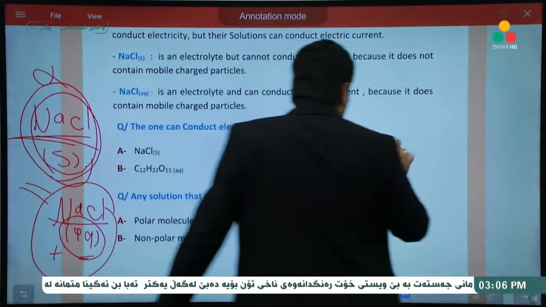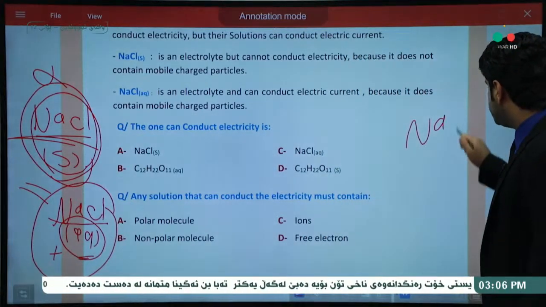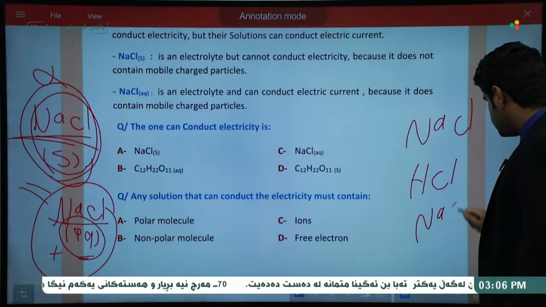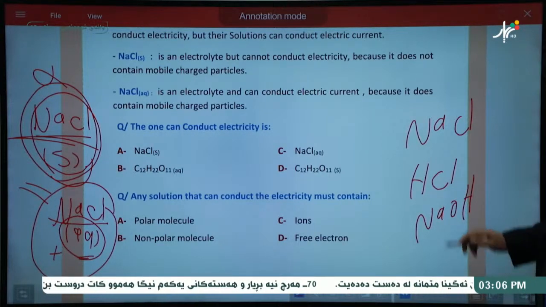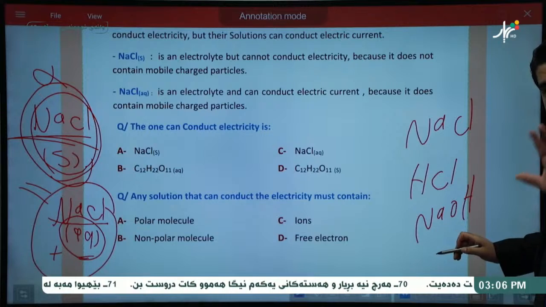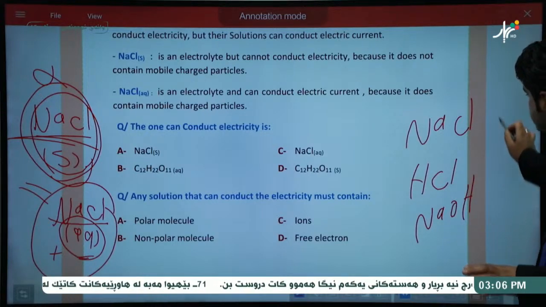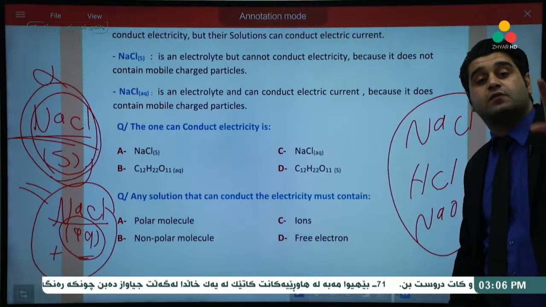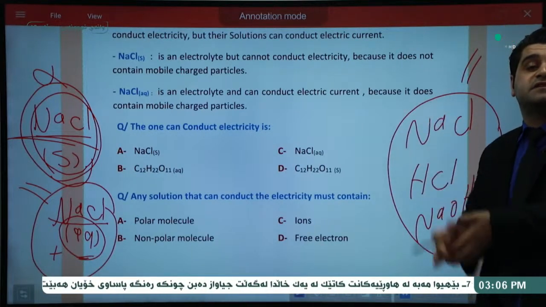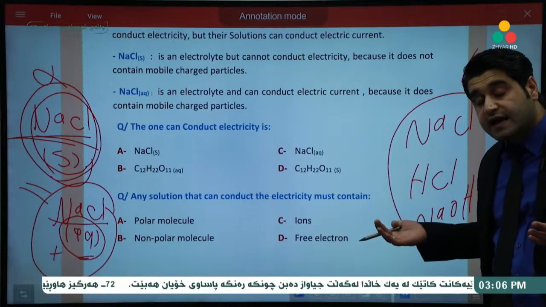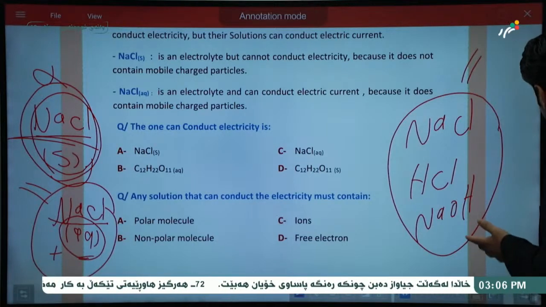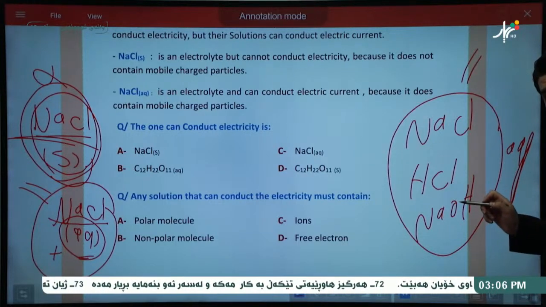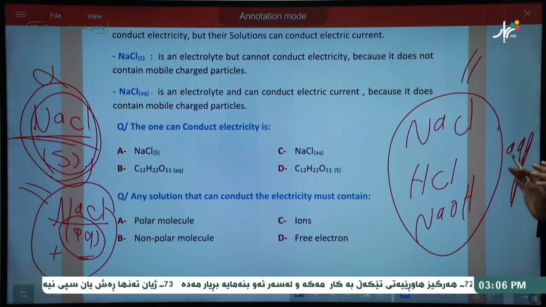That means all electrolytes, NaCl or HCl or NaOH, if they are not dissolved in water, are still electrolytes, but they cannot conduct electricity because we don't have any ions. If we dissolve them in water, they can conduct electricity. In both cases, they are electrolytes.